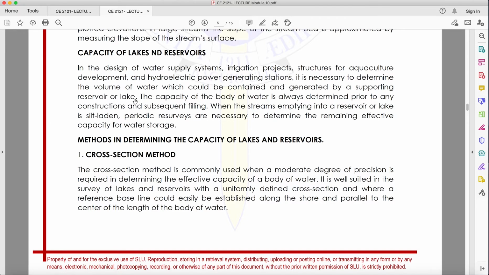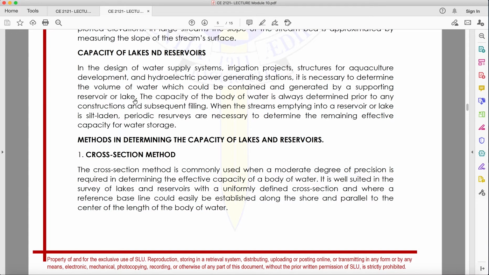This is actually the biggest factor: how much the reservoir can contain, because that would determine how much water can be supplied by the reservoir or by the dam. It is not only a dam that can be a water supply.